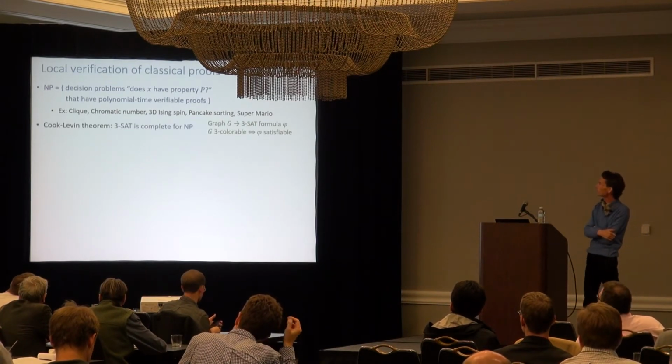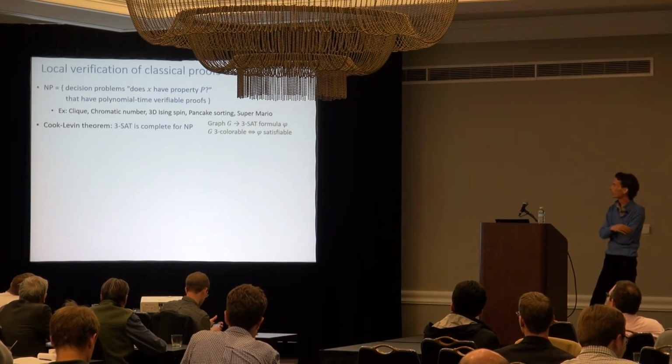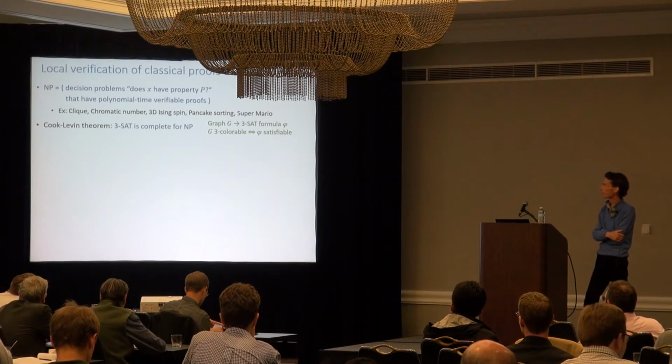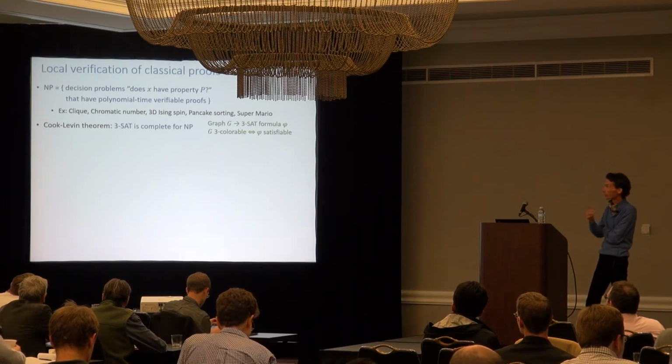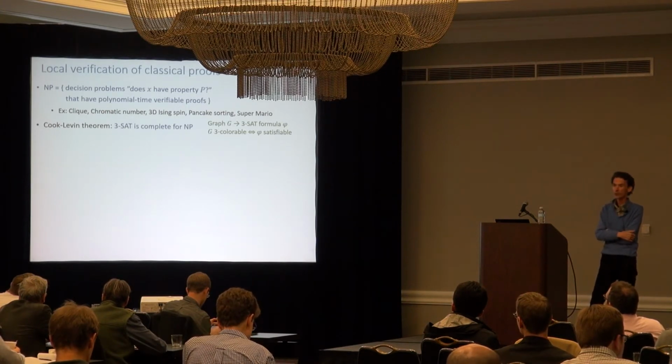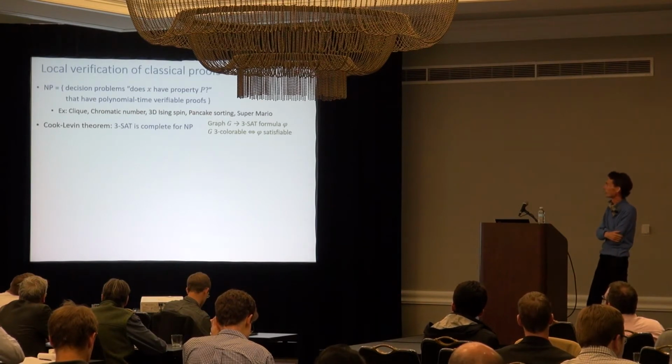The reason I'm putting those up is to try to make it a little bit more surprising, the famous Cook-Levin theorem, which says that the class NP has complete problems. So what this means is that there are certain problems, for instance 3-SAT is the canonical example, that are just about as hard as any problem in the class NP.